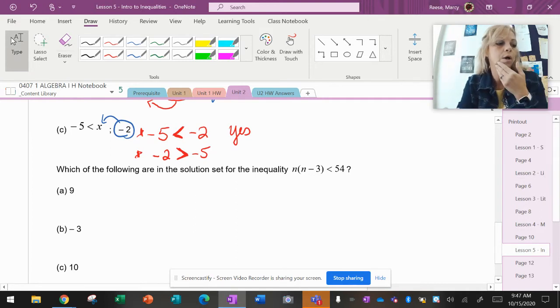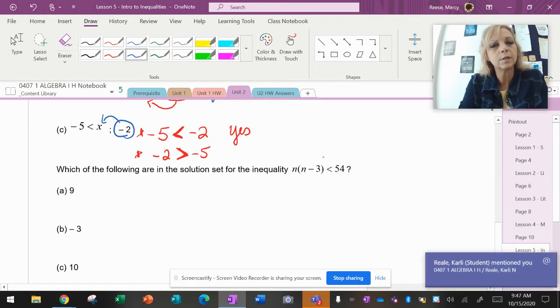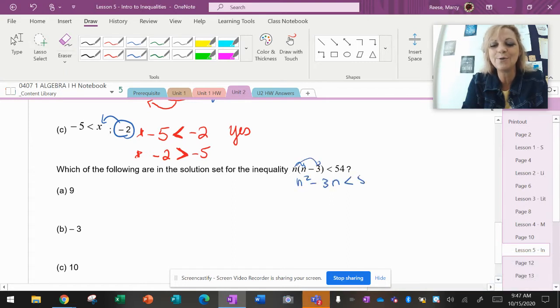And we're going to do a couple of number lines on the back so you'll see. Okay, so it says, which of the following are in a solution set for the inequality n(n - 3) is less than 54? If you were to actually try and solve this, like we're going to do on the back page, you would not be able to do this yet. Not yet, but you're going to soon.